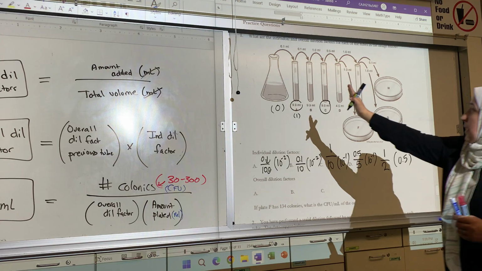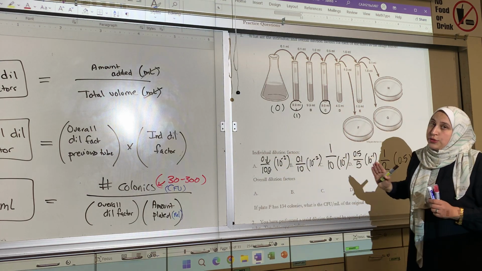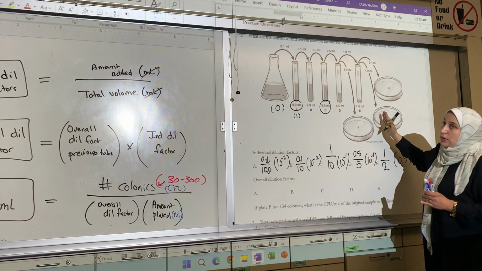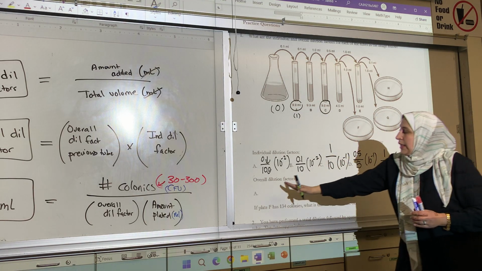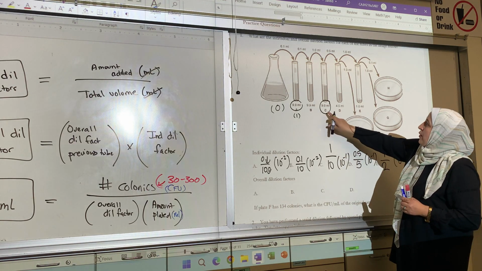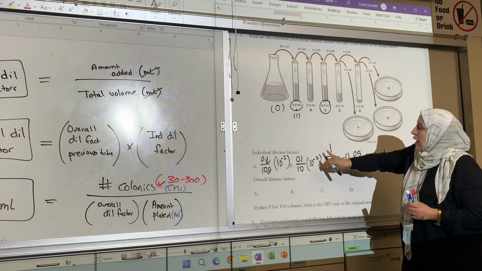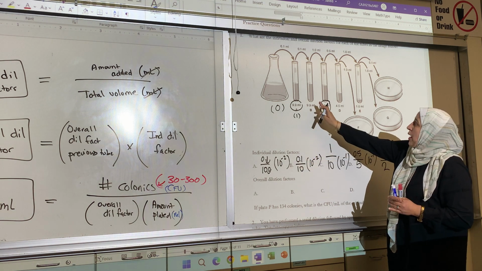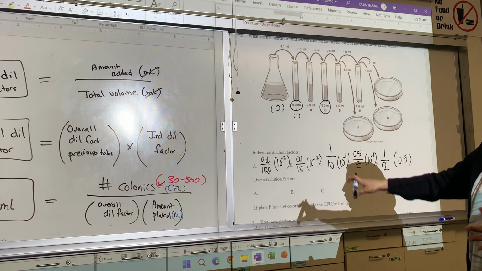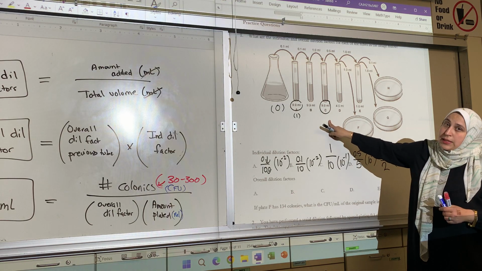Now, that's just each tube standalone, right? That's the individual dilution factors. But since we continue within a series to dilute these tubes, we need to know what the overall dilution factors are, because even though C and D are both 10 to the negative 1 dilution, because you've diluted the previous aliquot, you would need to see what's the overall or final dilution factor for D, which is going to be different from C, right?